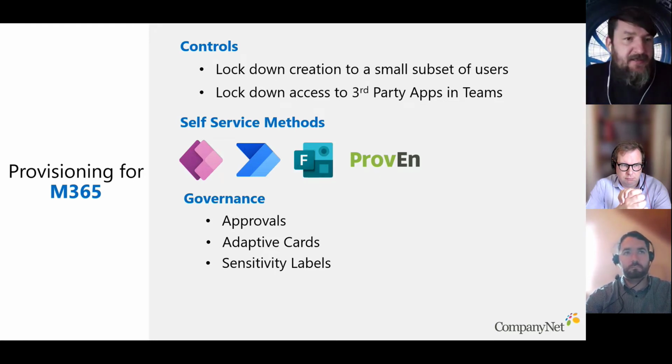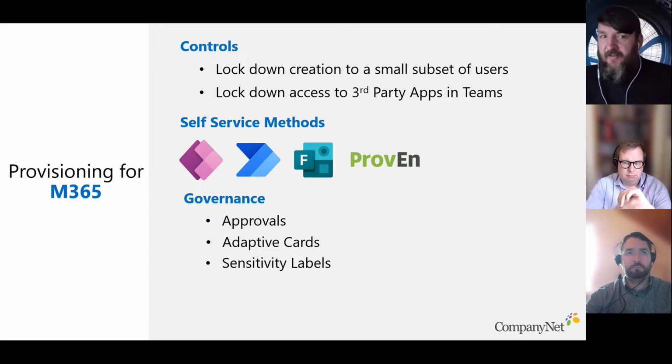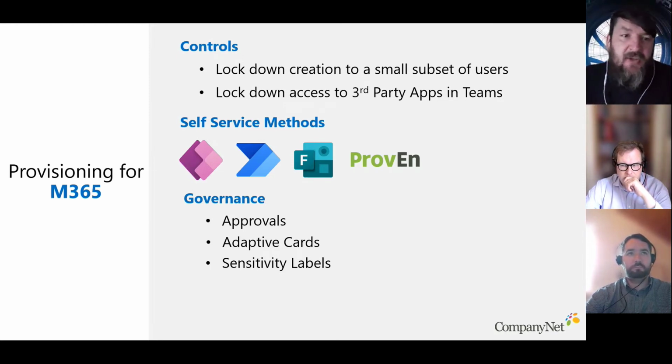Proven especially is able to apply sensitivity labels at the provisioning stage, so that we know the information based on what's coming through the self-service or our custom front end, and we're driving that information into the creation process within Proven itself.